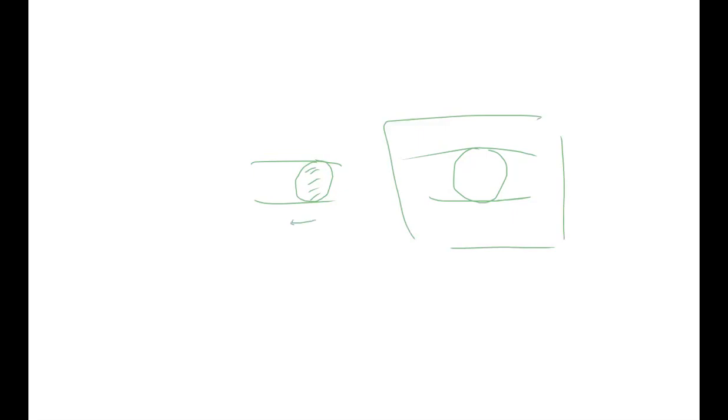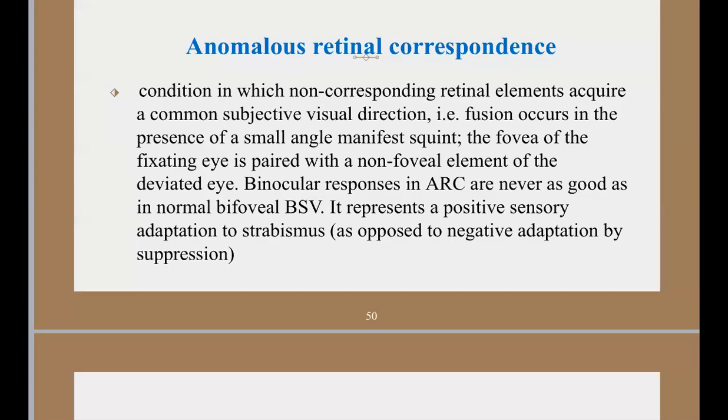But all we have done is pair the fovea of the normal eye with an extrafoveal element of the other eye in order to retain binocular single vision. This is the main difference between eccentric fixation and anomalous retinal correspondence.